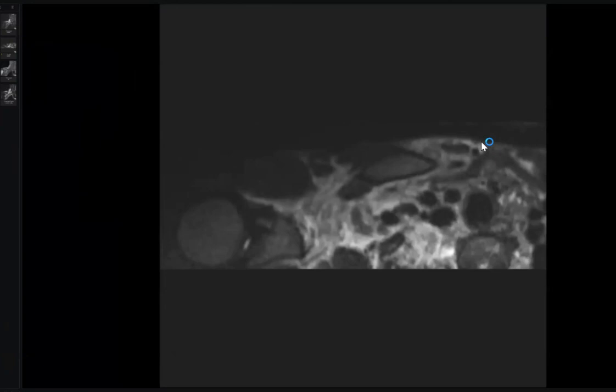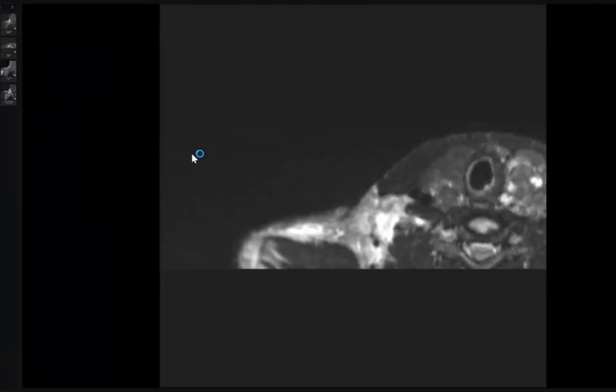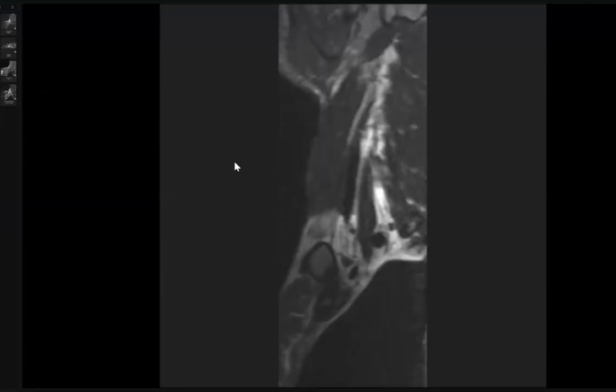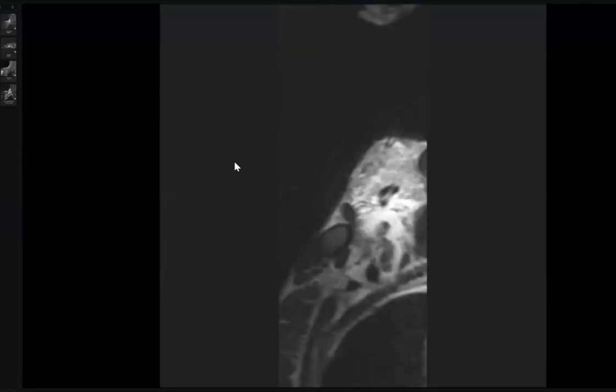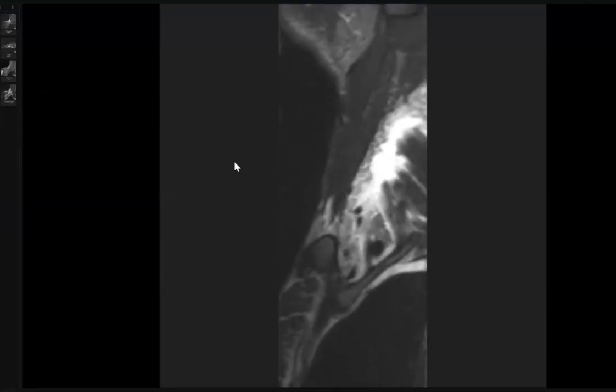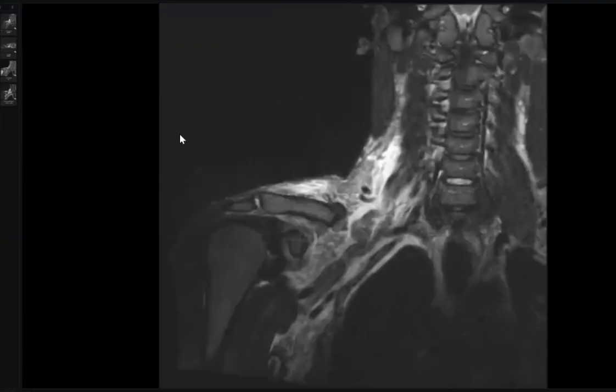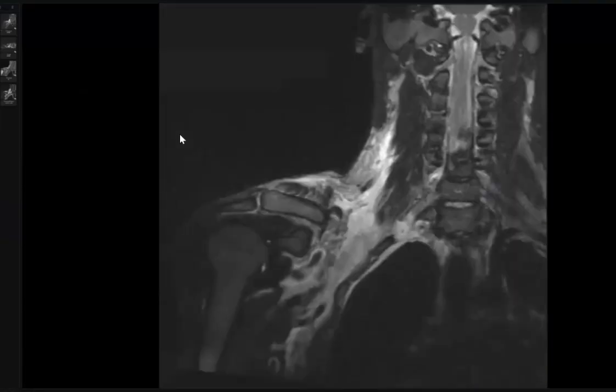What is this? There is post-traumatic denervation. It can be muscle injury, nerve and muscle injury. Nerve injury it can be, and it is replaced by fatty change.